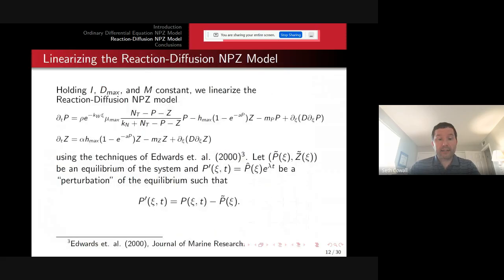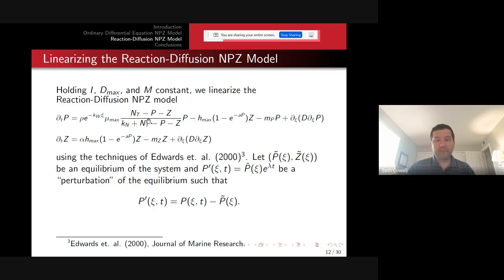Okay, so with the ODEs, we were able to do a dynamical analysis of it. We can do that with the PDEs as well. So what we're going to do is just temporarily hold I, D max, and M constant in time, and linearize the reaction diffusion model.